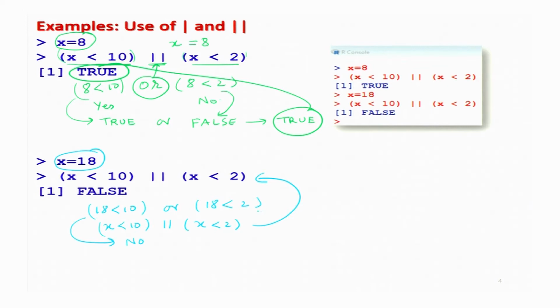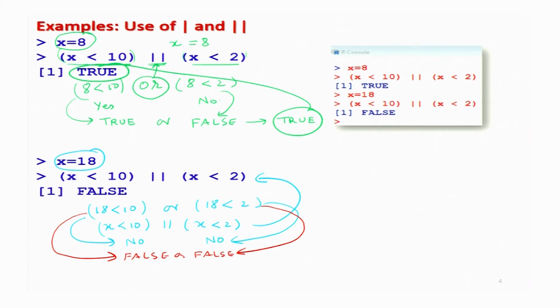And similarly, if you compare whether 18 is smaller than 2, the answer is no, this is not correct. So, 18 less than 10 gives me the answer false, and 18 smaller than 2 also gives me false.